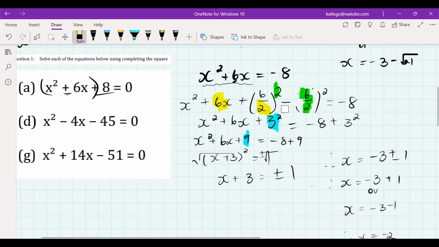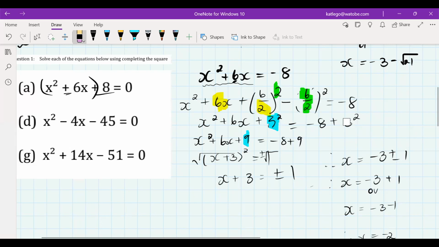But because it was negative here, it becomes positive. The 3 squared just comes from saying 6 divided by 2 is 3, and then you square it. So the one that stayed this side is 3 squared, and the one that went over is 3 squared. You with me?